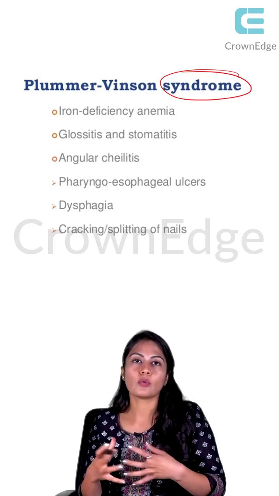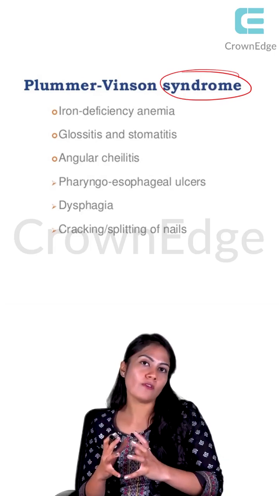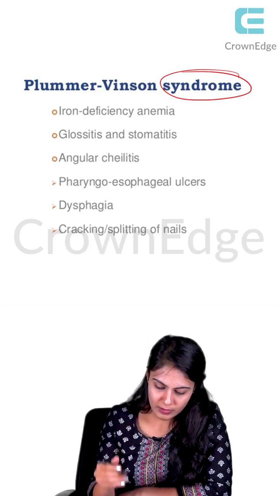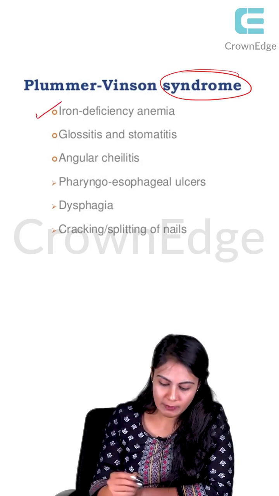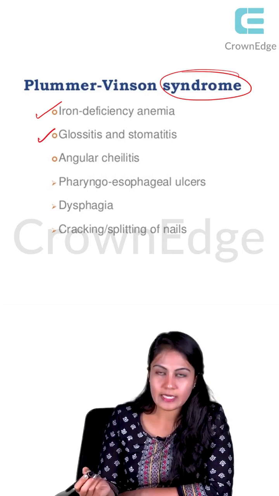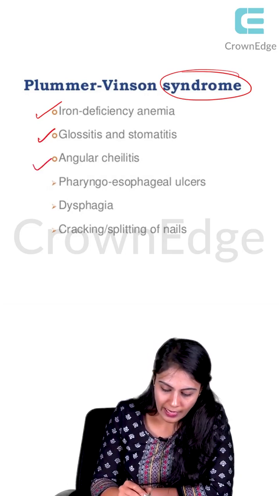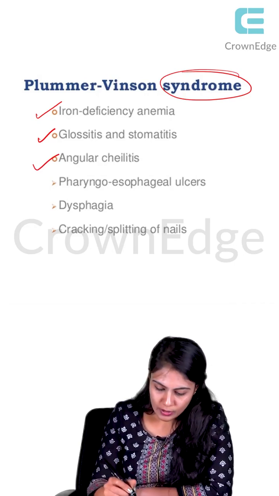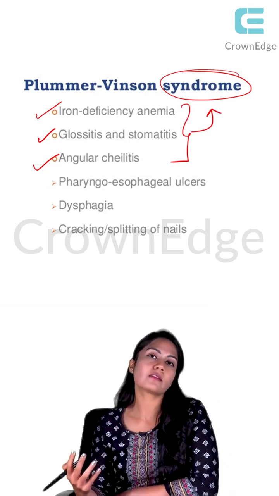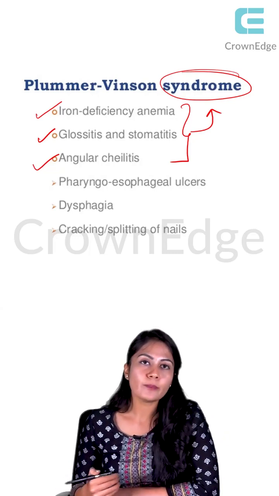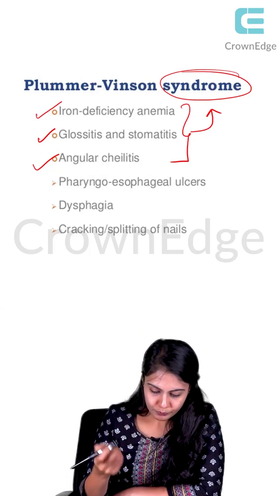What are the group of symptoms that we are going to see in Plummer-Vinson? One is iron deficiency anemia, second is glossitis and stomatitis, and third, angular cheilitis, right? So all these 3 symptoms combined lead to Plummer-Vinson syndrome.